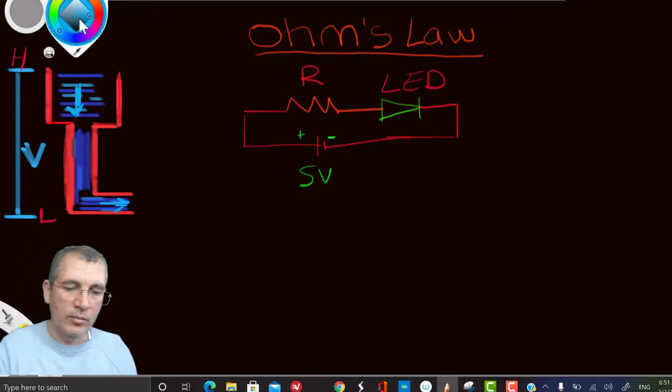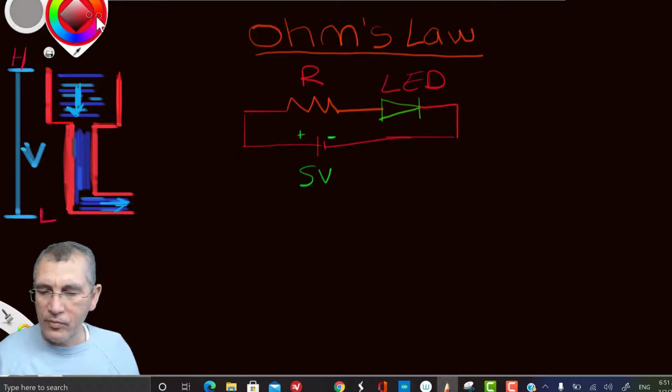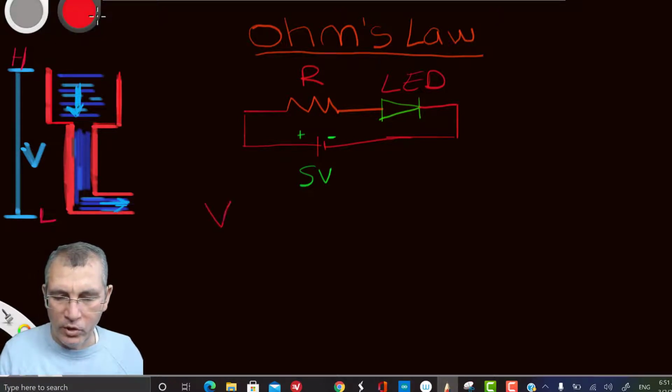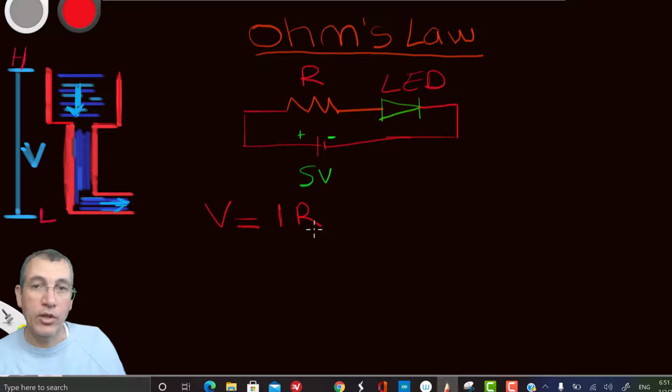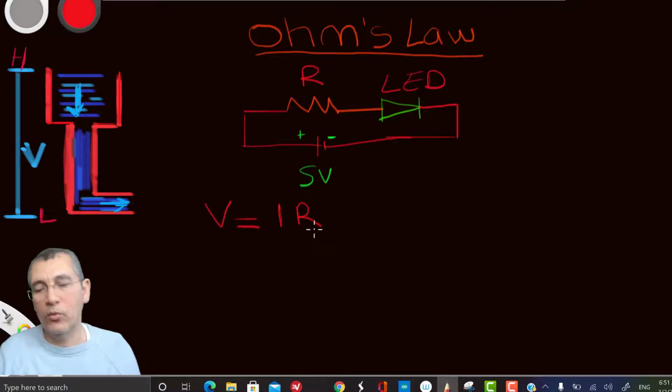Ohm's law basically says voltage equals I times R. I is the current, and R is the resistance of the material. What we need to find is the value of R. Because we have 2 components in series here, a resistor and an LED, there is a voltage drop in each component.